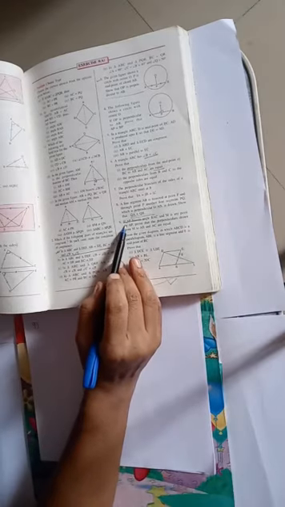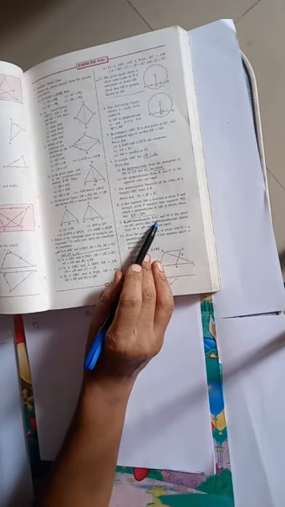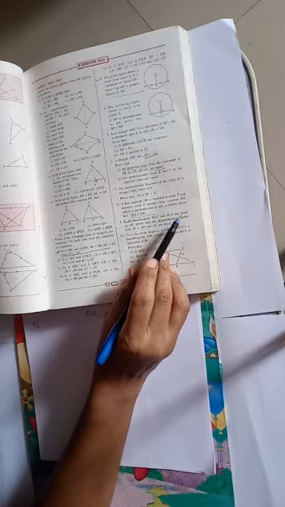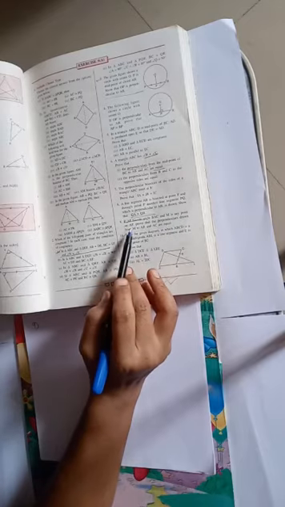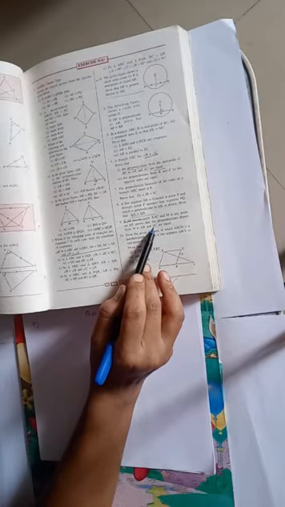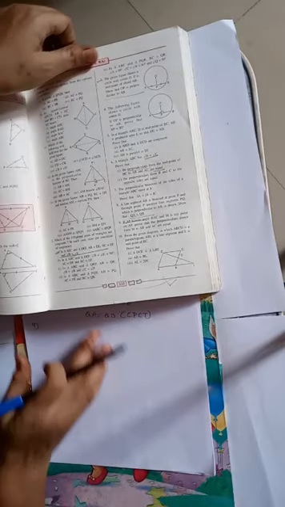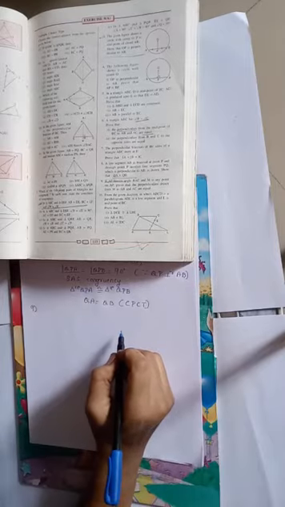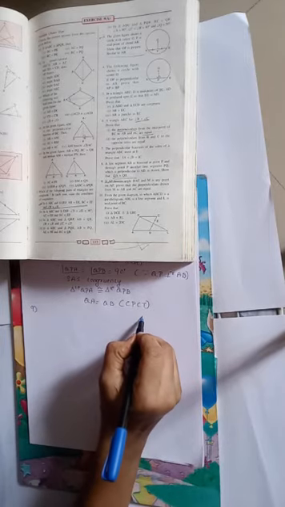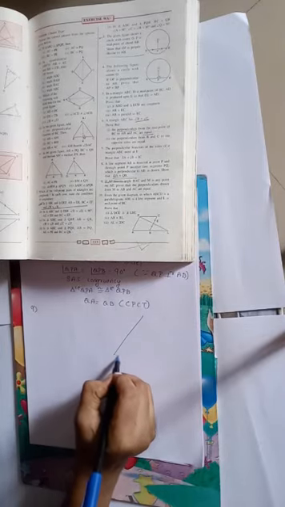See, in the 9th question: if AP bisects angle BAC and M is any point on AP, prove that the perpendiculars drawn from M to AB and AC are equal. That is given. Let's draw the figure from the given data. AP bisects angle BAC. Let's first draw angle BAC, like this.